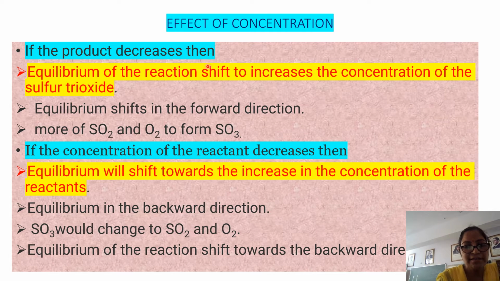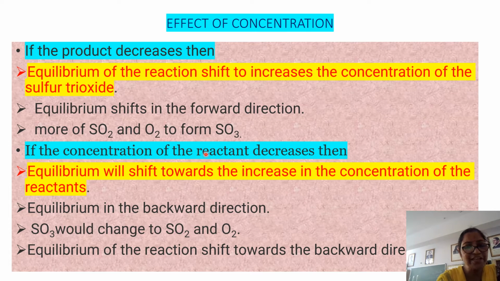Then the decreased concentration of sulfur trioxide will try to get increased as sulfur dioxide and oxygen combine together to form more sulfur trioxide, up to the equilibrium concentration of sulfur trioxide. That is, the reaction will move in the forward direction.